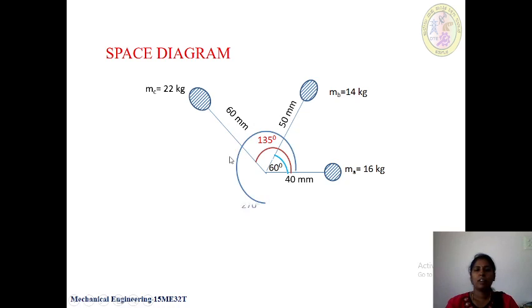Our fourth mass MD is acting at 270 degrees from mass A, and that is of 20 kg, acting at a radius of 30 mm. So this is our space diagram.